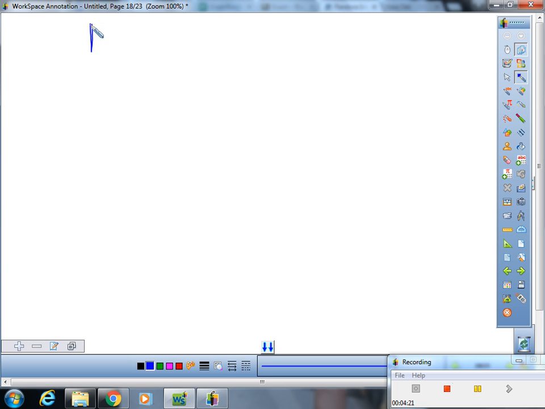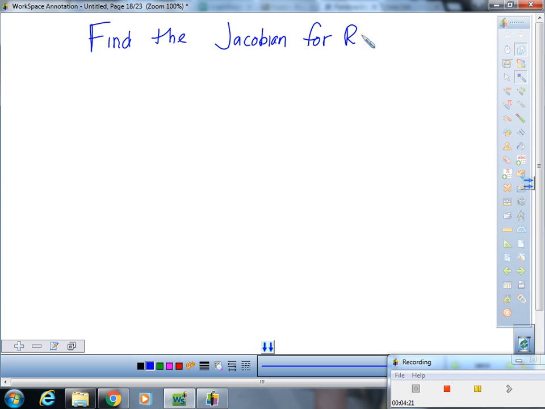So now let's do this. Find the Jacobian for polars, for rectangular to polar transformations.